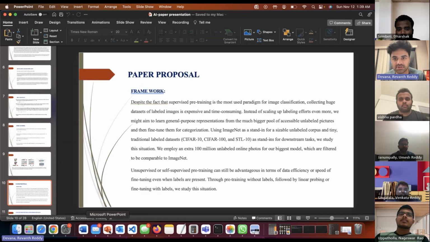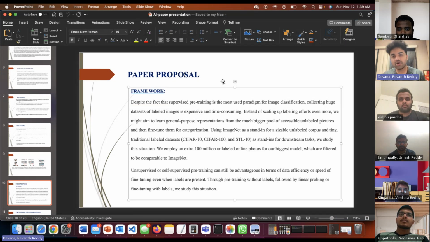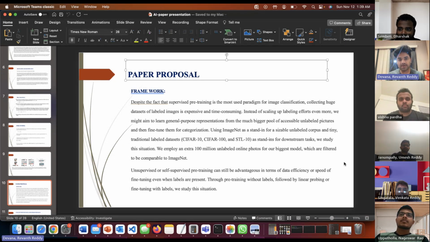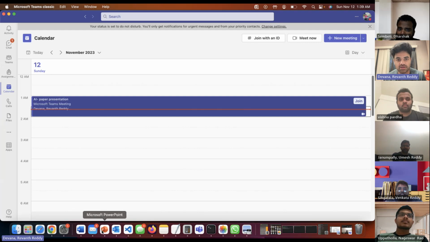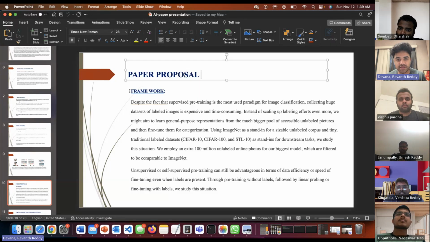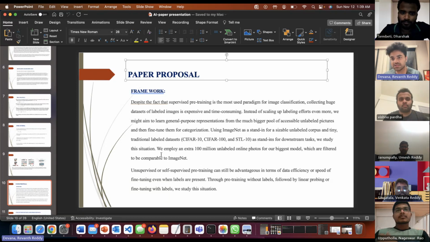Yeah, thank you, Umesh, for passing it on to me. Okay, now we are going to discuss the paper proposal. Here, the framework is, despite the fact that supervised pre-training is the most used paradigm for image classification, collecting huge data sets of labeled images is expensive and time consuming.